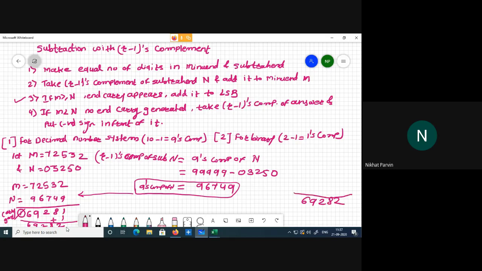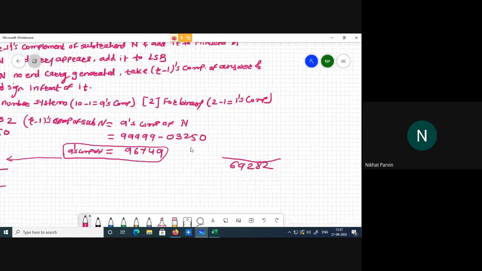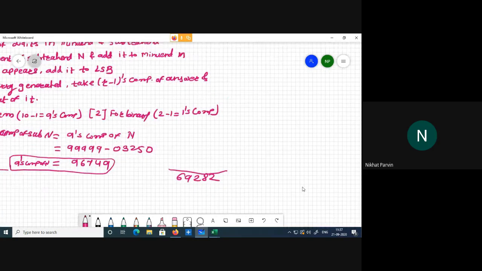Let us verify: when you subtract these two numbers, will you get the same answer? What I have is 72532 minus 3250. If you subtract this, what is the answer we get?